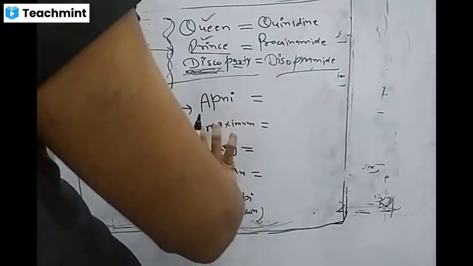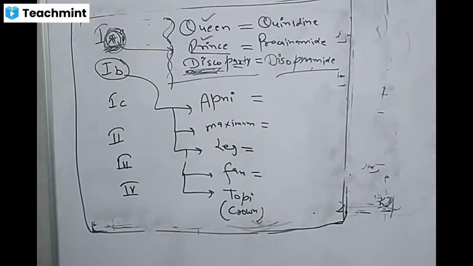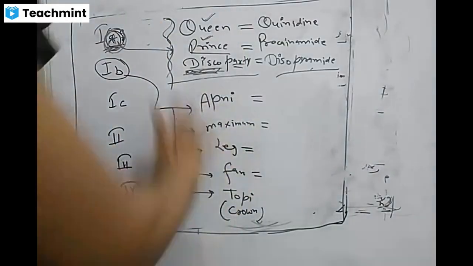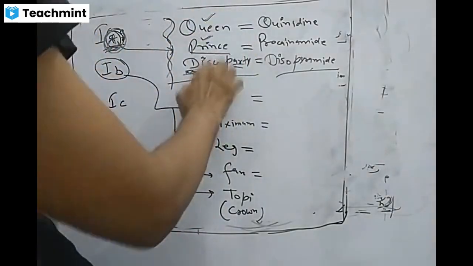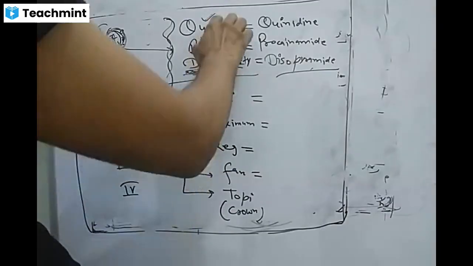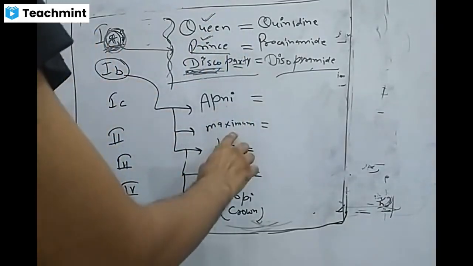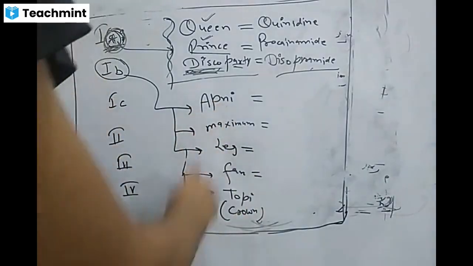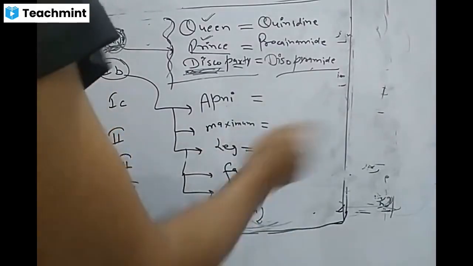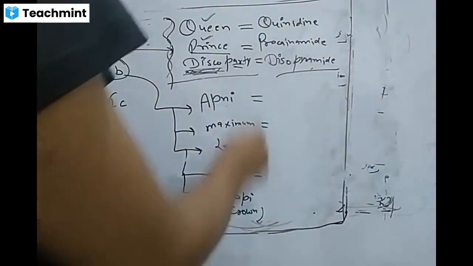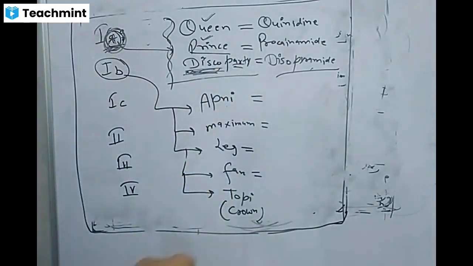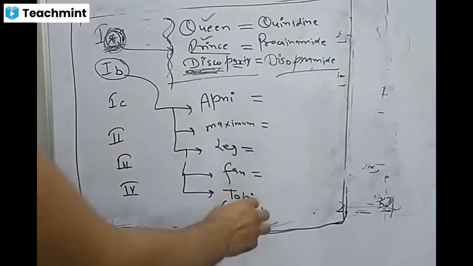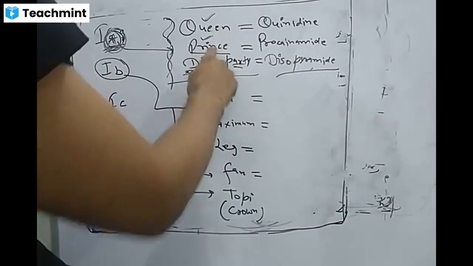So the 1B people, their standard of living is less than class 1A. So they try to make these people happy. How? By giving their maximum service. Services may be pressing their legs, fanning them when they feel sweating or heat, and also putting the crown on their head, because they are the princes and the queen.